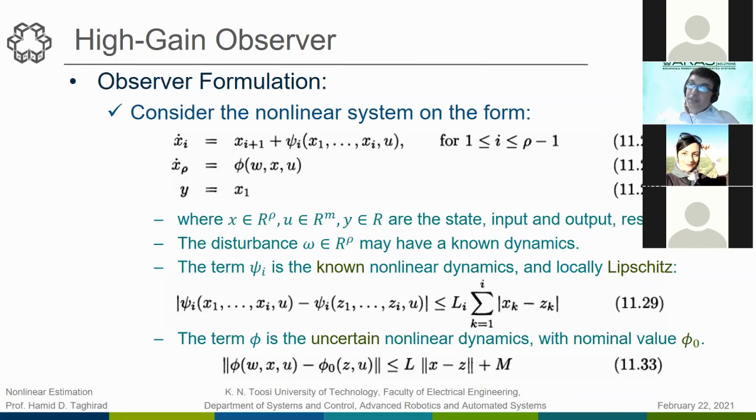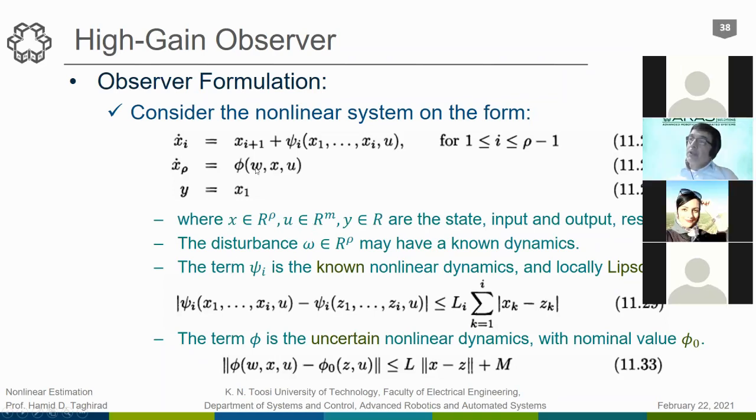I hope that this will remind you of feedback linearization, or the idea that we use for the normal regular form to represent the nonlinear system. So this is quite general, and as you see, x is in R to the power rho, u is in R^m, and y is a single variable. Here we use a single-variable output, and we have the w here as well, as you see.